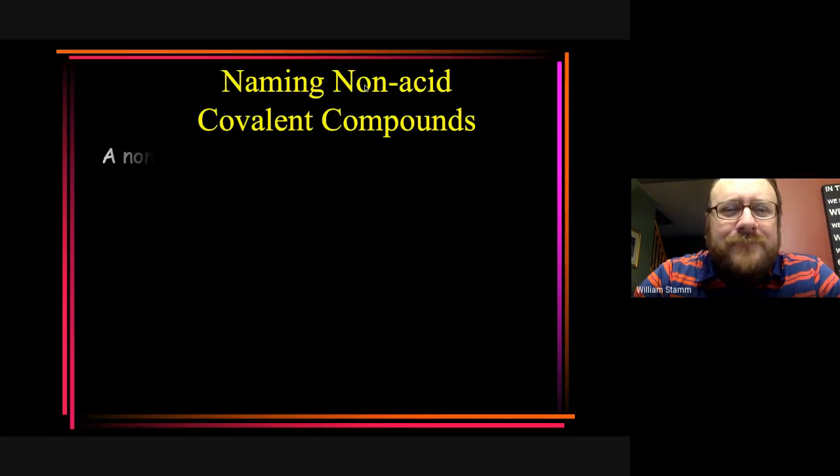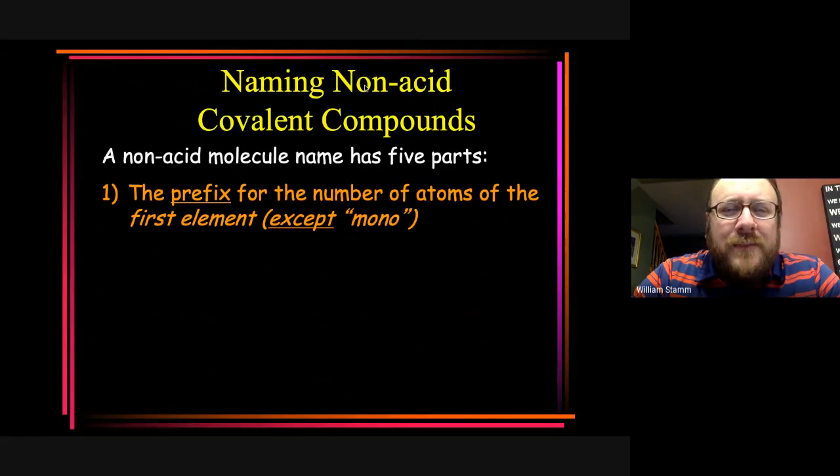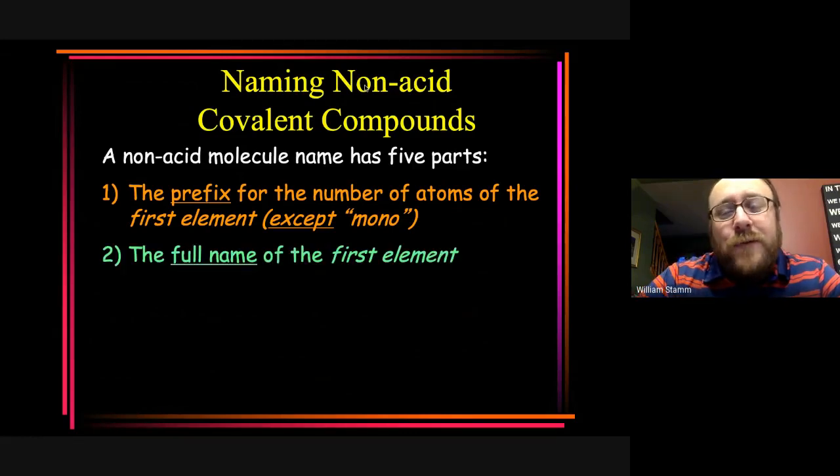Okay, let's name some. There's 5 parts to it, 5 rules, but when you start doing examples, it's going to be so much easier. First of all, you put the prefix for the number of atoms of the first element, unless it's mono. You don't write mono first. No covalent compound begins with the word mono. Then you write the full name of the first element, much like ionic compounds.